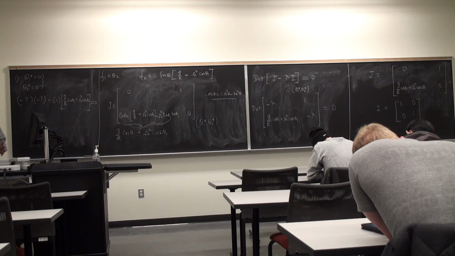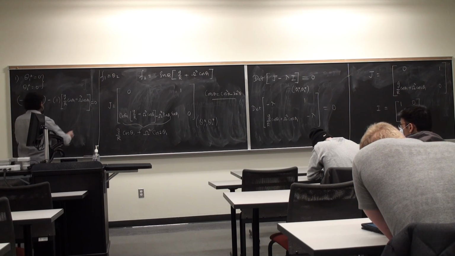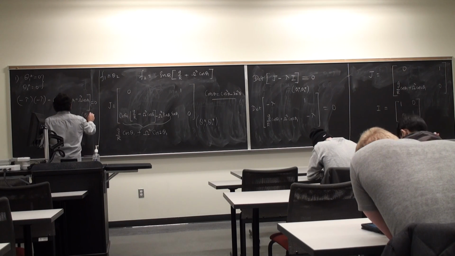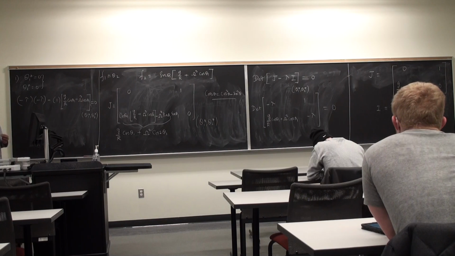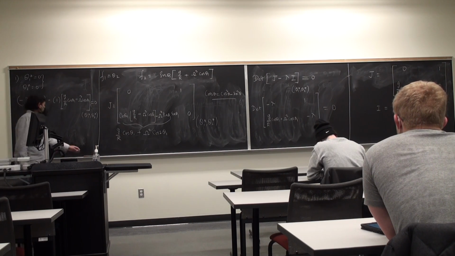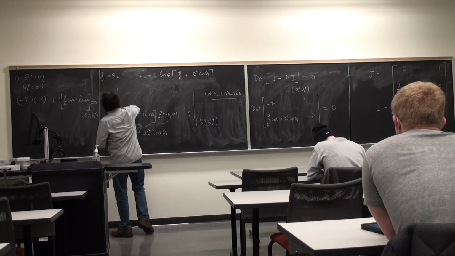And this has to be evaluated at the equilibrium point. Okay, so please be careful. So this is at some generic theta 1 star and theta 2 star. So if I write in general, the eigenvalues are going to be the following.